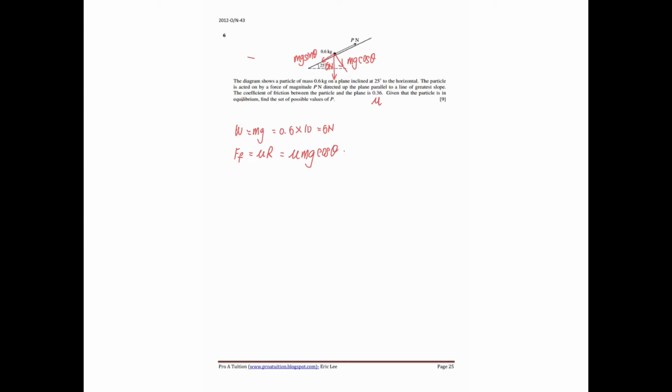Now I substitute 0.36, the mg is 6, and cos 25. By pressing the calculator, we will get the frictional force, which is equal to 1.958 Newton. So that is the frictional force.